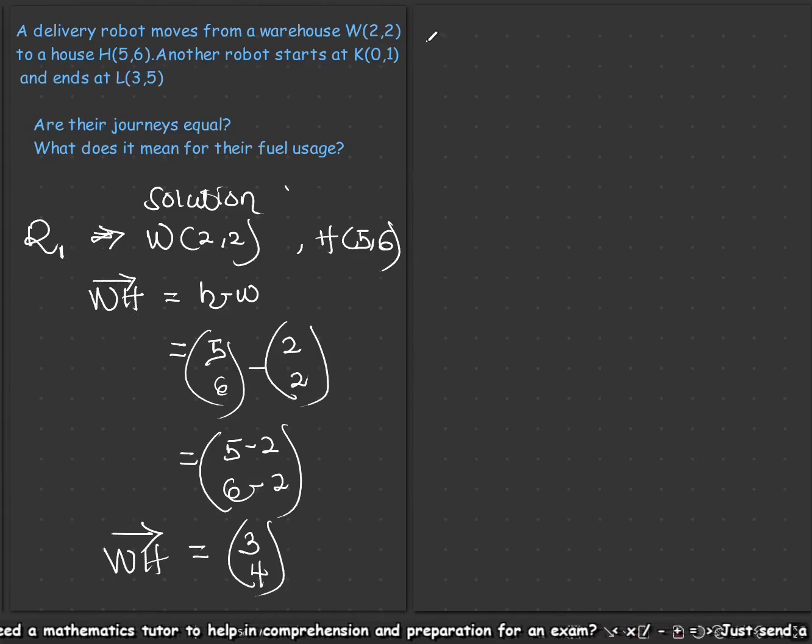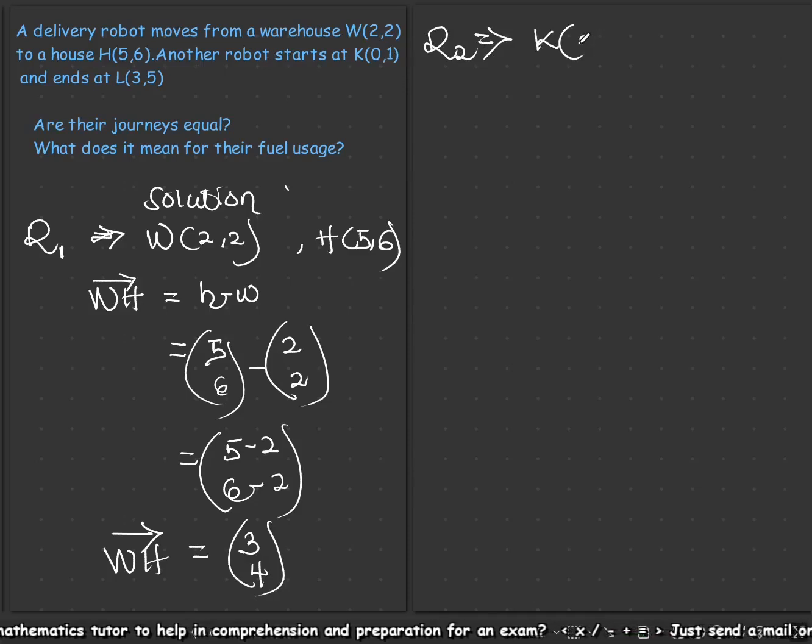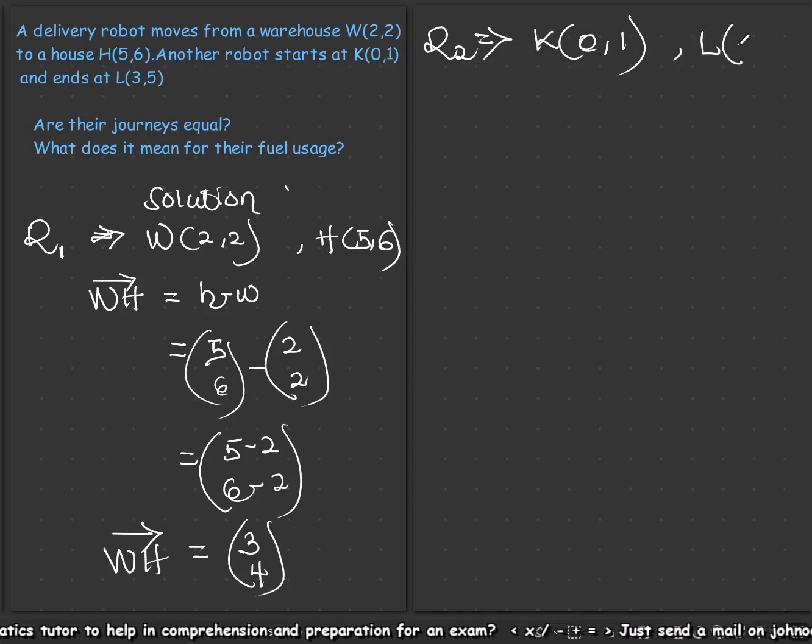Now we have the vector for the first robot's movement. Let's look at robot 2. Robot 2 started at K, whose coordinate is (0, 1), and ended at L, whose coordinate is (3, 5).